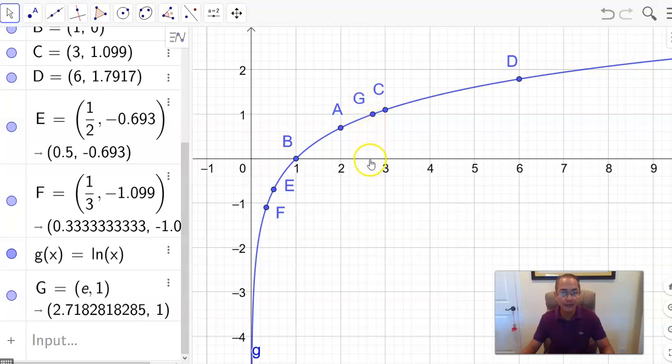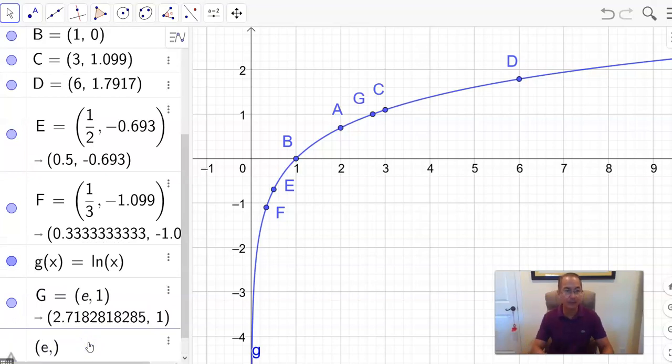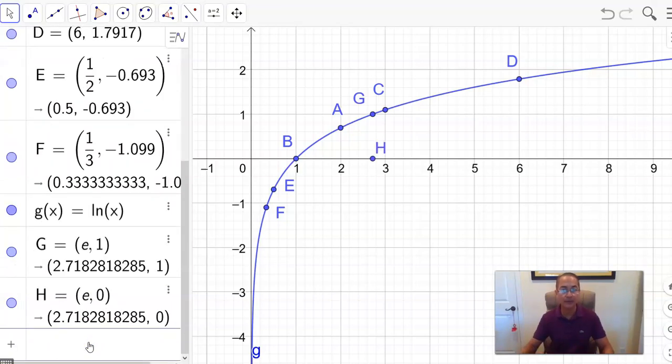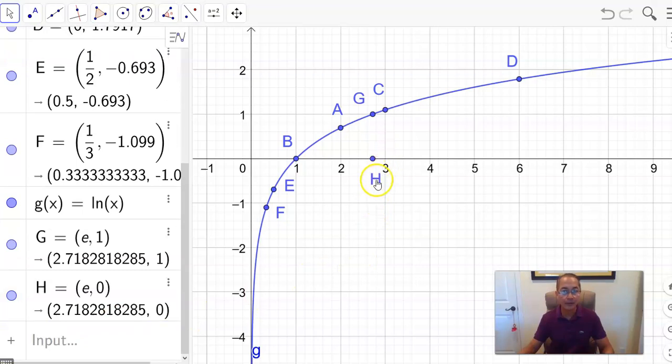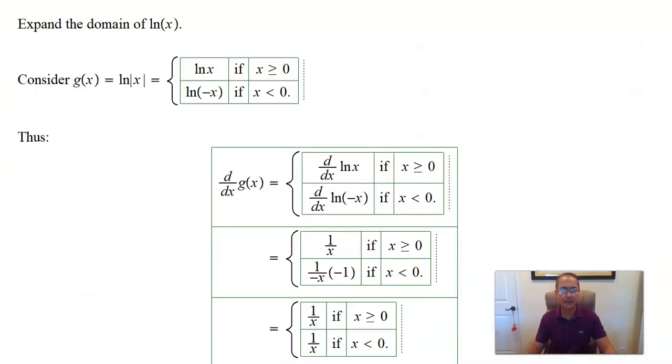So that x coordinate is our e, which is about 2.718. If you want to see the point on the x-axis, sure, there you go. The point G is exactly above the point H. So that x coordinate is about 2.718. That's the number e.